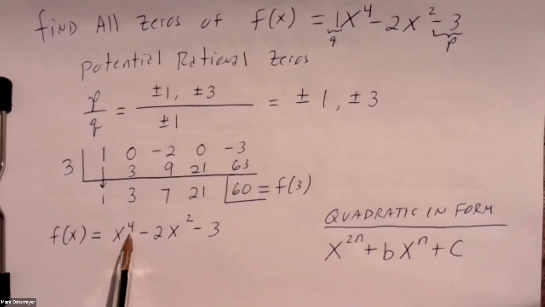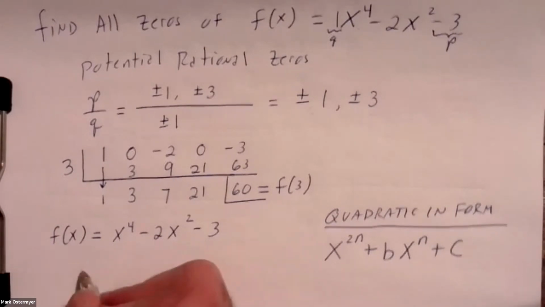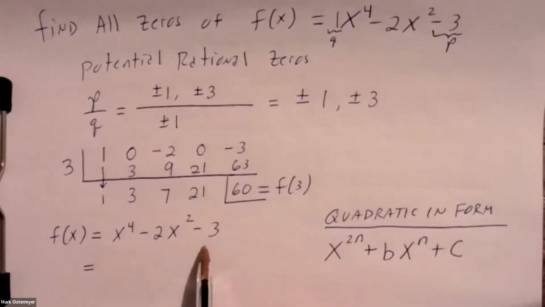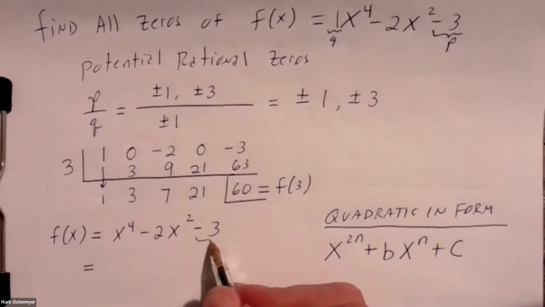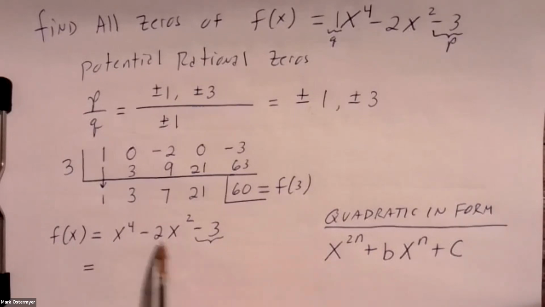And notice this 4th degree is indeed twice the degree of the middle term. This is a quadratic form trinomial here. So quadratic form trinomials can be factored. And therefore, I'm searching for a couple of factors of -3 that sum up to -2. What are 2 factors of -3 that add up to -2?